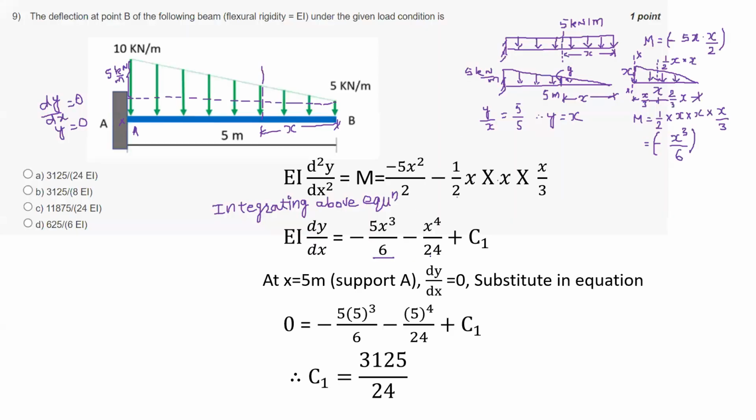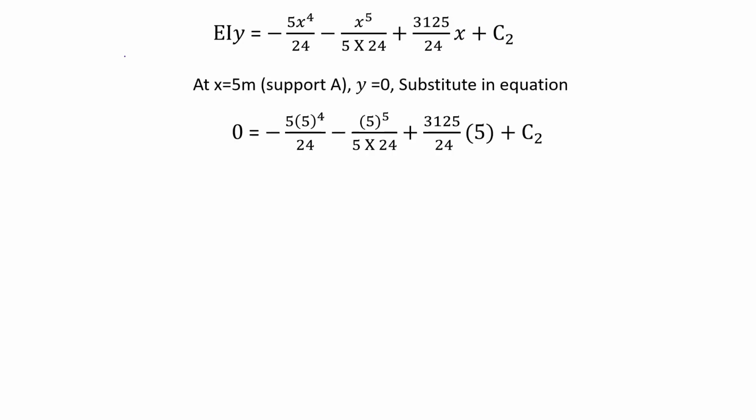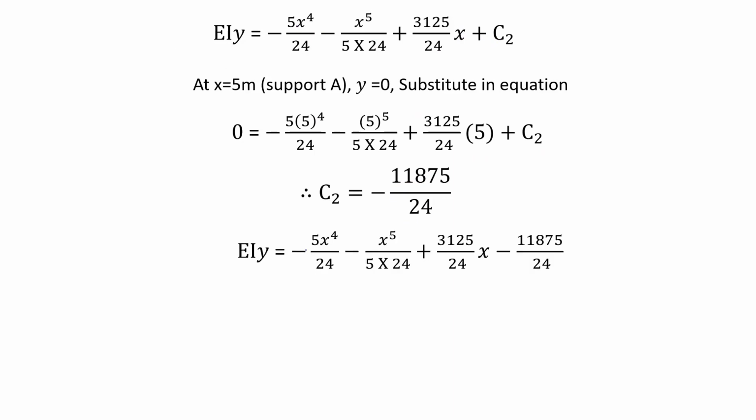With the C1 value of 3125 upon 24, we get plus C1 into x, that is 3125 upon 24 x plus C2. At fixed end support A, y is 0, so we put x as 5, and substituting all these values we get C2 equal to minus 11875 upon 24.